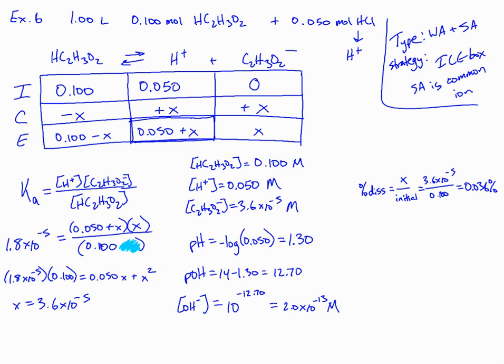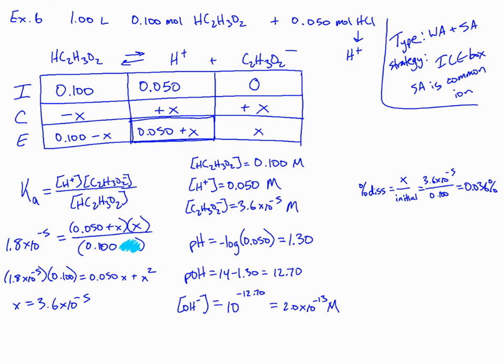This tells us that less than 1% of this acetic acid is dissolving in this scenario. It is less than, very small. And if you compare this to a previous example, let's see here, it is example 3.